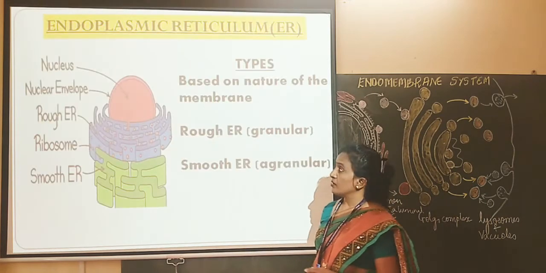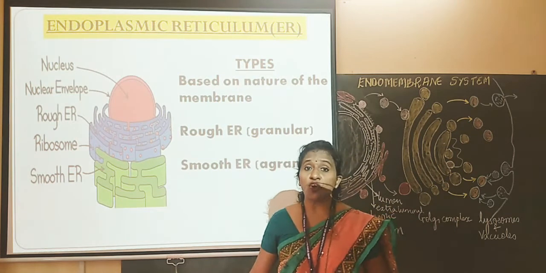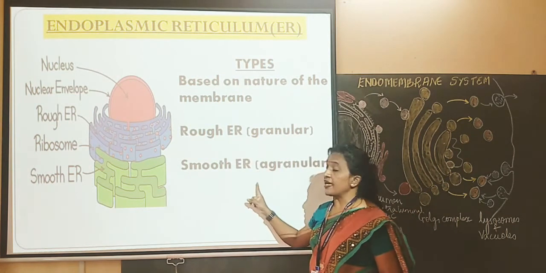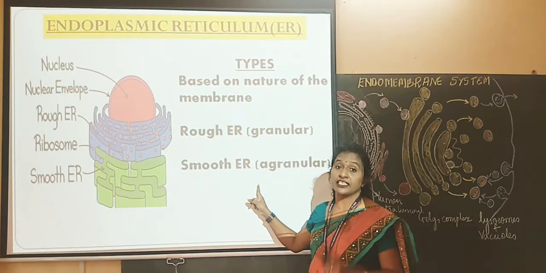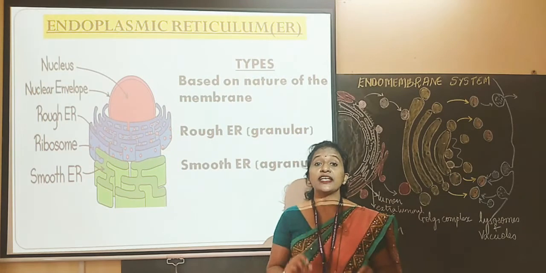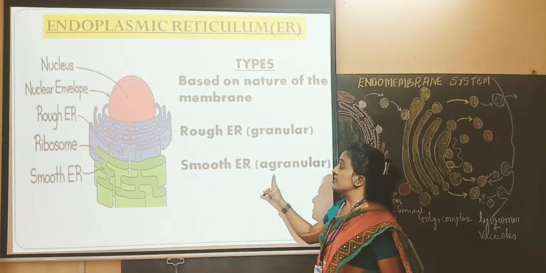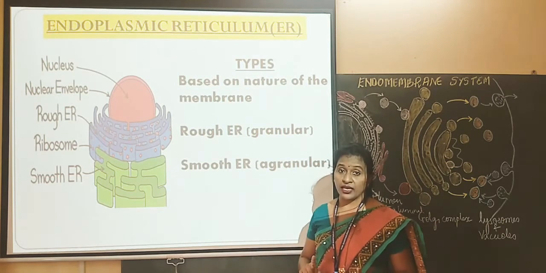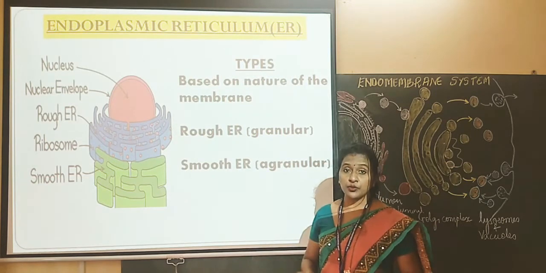Okay. There are two types of endoplasmic reticulum: rough endoplasmic reticulum and smooth endoplasmic reticulum. Rough endoplasmic reticulum is usually called granular, whereas smooth endoplasmic reticulum is called agranular, that is without any granules.